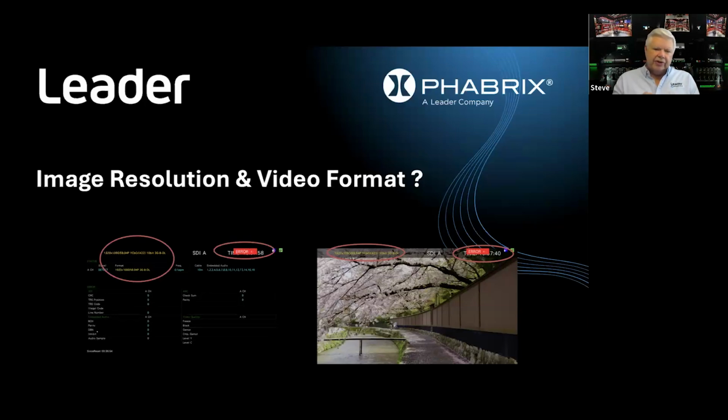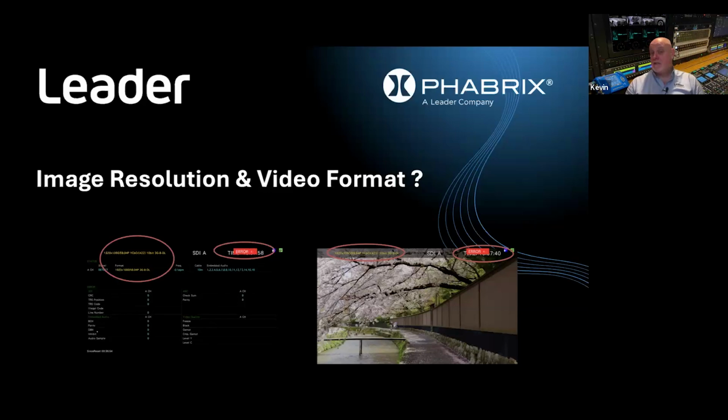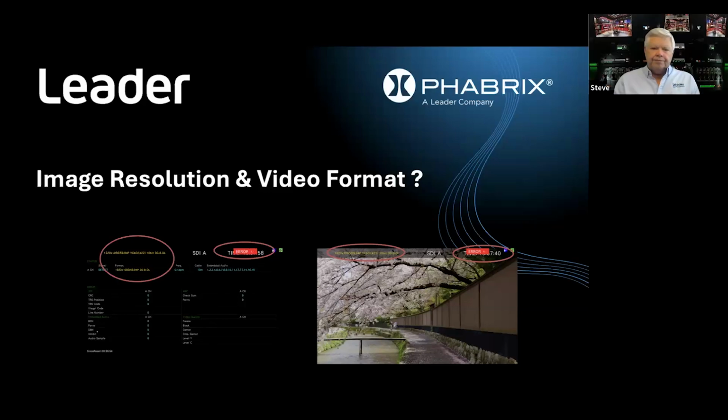And the neat thing is you don't have to set each one of these things up each time. You can save it as a preset. So you could have a preset for every single possible delivery format and say, this is what the scope's supposed to be looking at, and make sure that it is looking at that. Yeah. So this is just the first of the tools that people take.